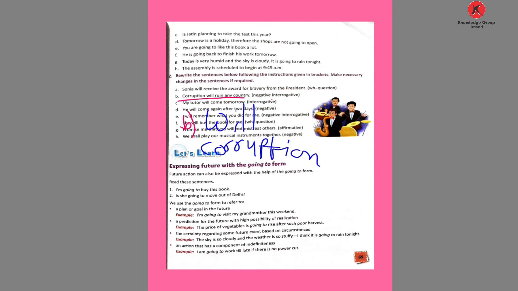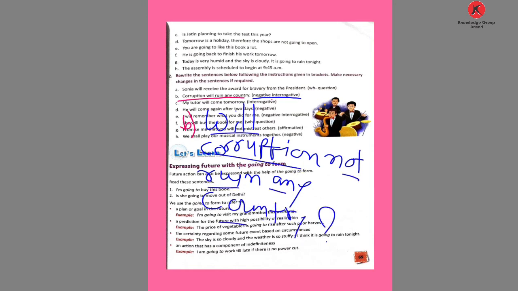Then what do we write? Not. We can make negative interrogative. Okay, so: Will corruption not ruin any country? Question mark. That is the negative interrogative.